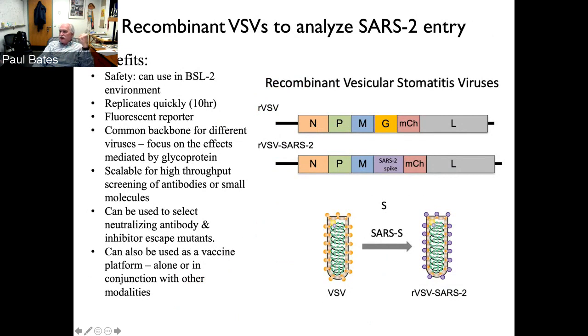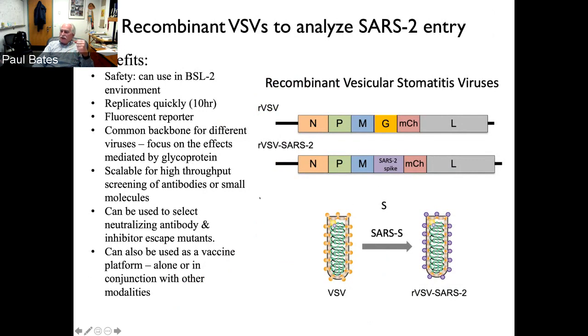So for example, let's say you develop a monoclonal that neutralizes SARS-2, and you want to find out what happens. Well, rather than having to grow SARS-2 in the presence of monoclonal and look for escape mutants, we can do that in these viruses, and we can look for the glycoprotein to change and escape that monoclonal or escape that inhibitor that's inhibiting viral entry.